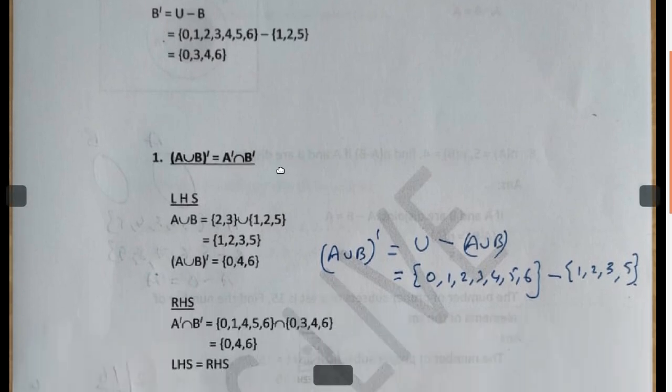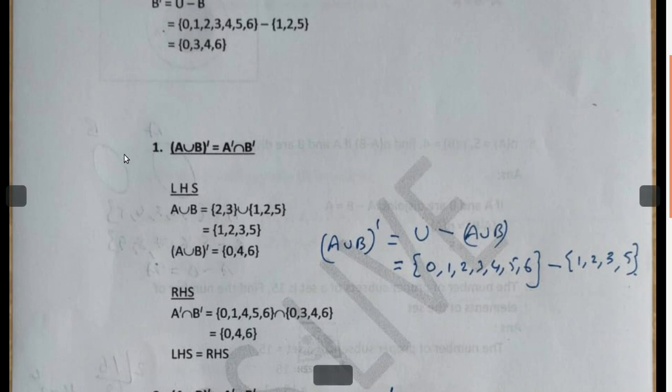So we are going to prove De Morgan's law. The first law is A union B whole complement is equal to A complement intersection B complement. Let us take the left side, A union B whole complement. Firstly we are finding A union B. A is this one, B is this one. So combining the elements of A and B, that's 1, 2, 3, 5.